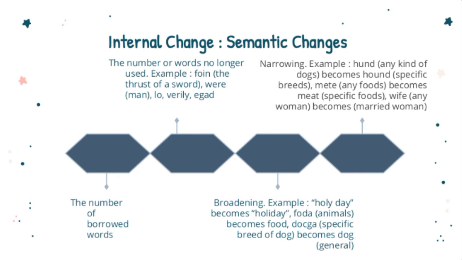The example of broadening of meaning is holiday. Holiday used to be a religious feast, but nowadays it means a very general break from work. And then the example of narrowing, we have hunt, which means any kind of dog in Old English, that becomes hound, that means a specific breed in modern English.